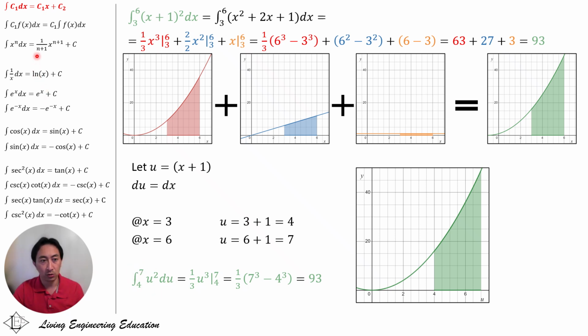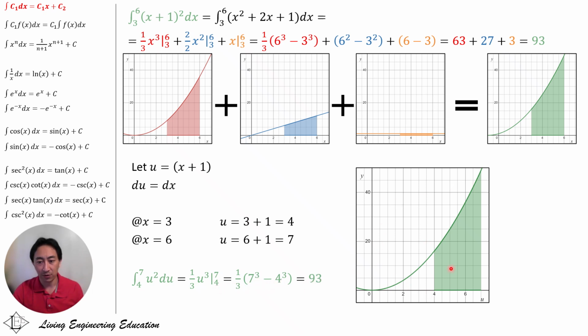U squared, I can use this equation again to solve for it. U squared is essentially x squared, right? With these new limits. Then you get 1/3 u cubed, because n is equal to 2. And then we have our limits 7 and 4. So 1/3 upper limit 7 cubed minus lower limit 4 cubed equals 93.